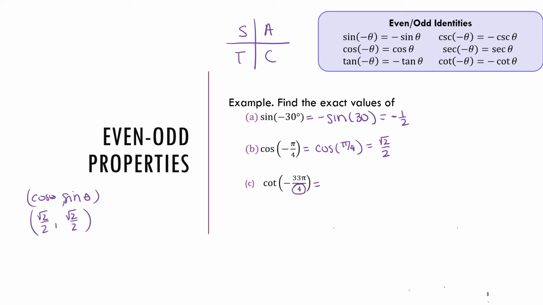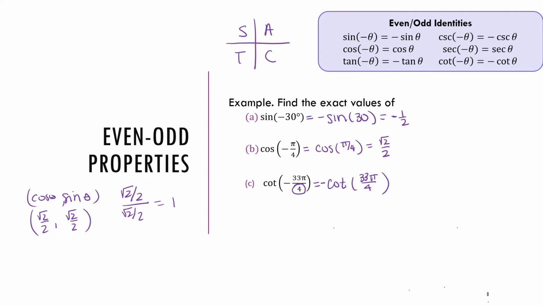So what we're going to do first is figure out that this is cotangent of 33 pi over 4, and we'll put the negative in front. Well, cotangent, we take cosine and sine and divide it. So cosine divided by sine is 1.